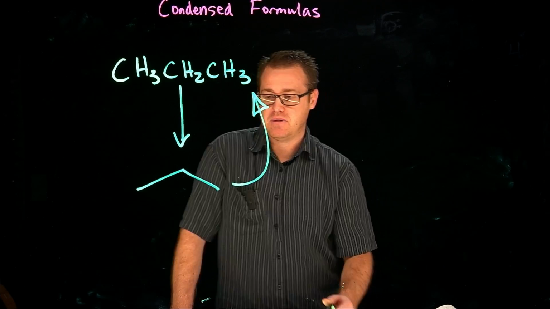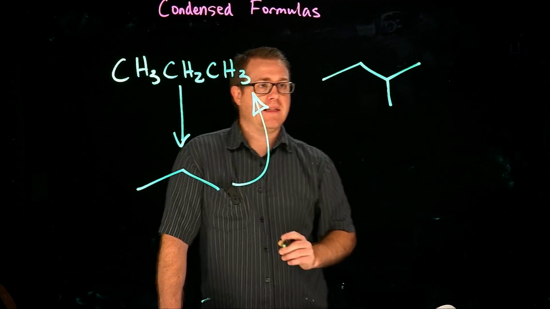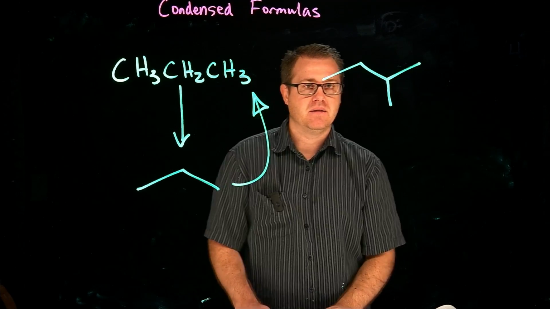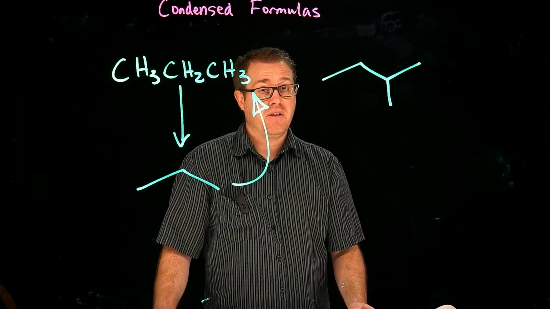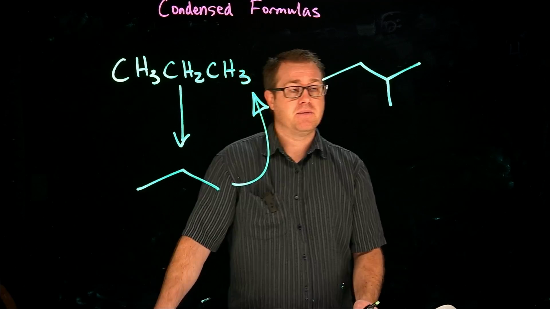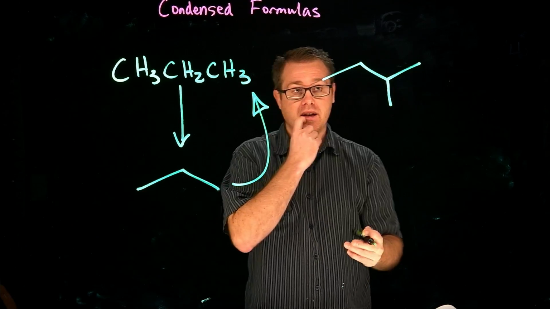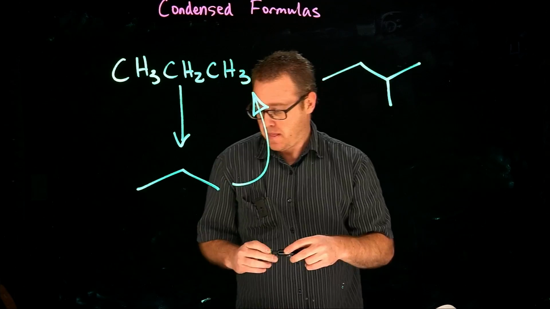So for example, if we had a structure that looks like that, what is its condensed formula? Well, you could draw out the Lewis structure if you like, to see if that helps, or you could go directly from the zigzag to the condensed. But let's start by drawing the Lewis structure first.